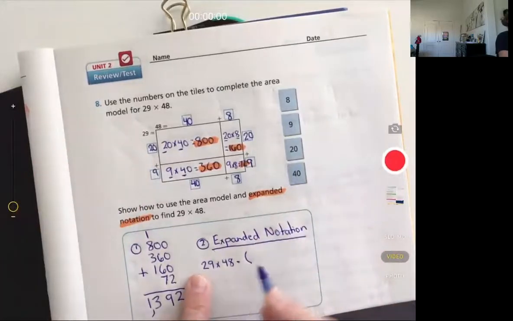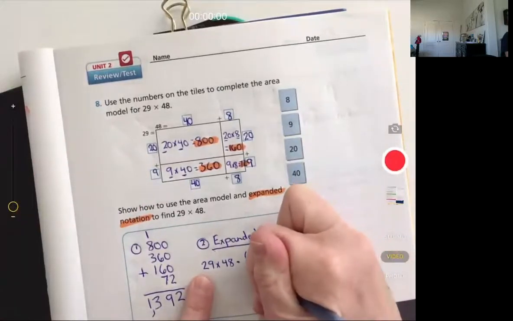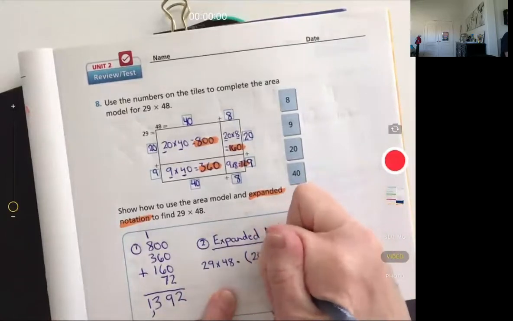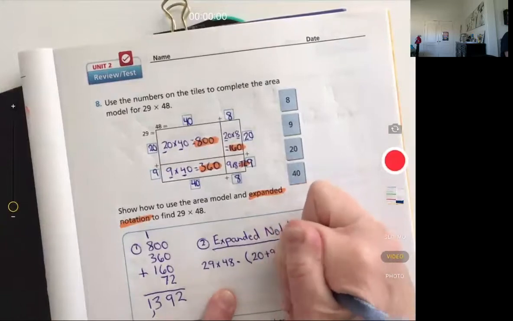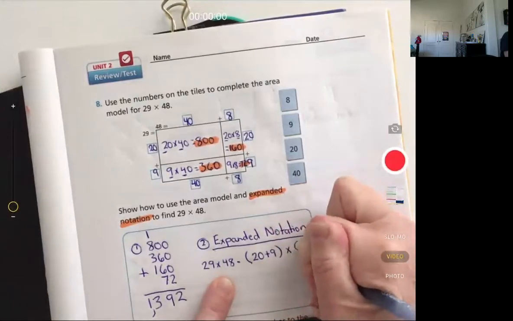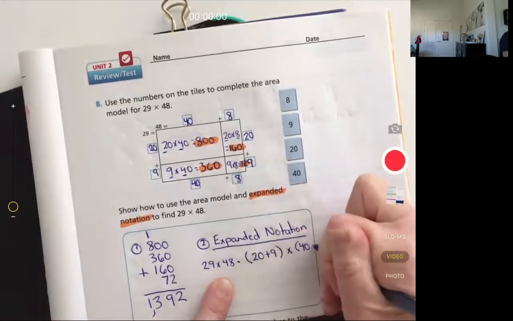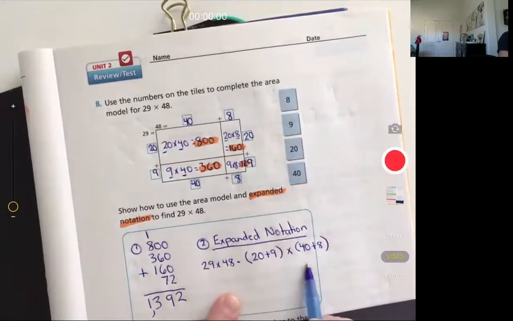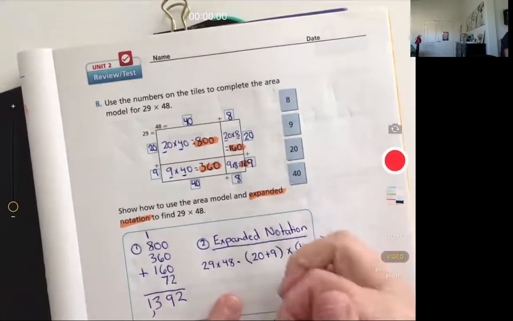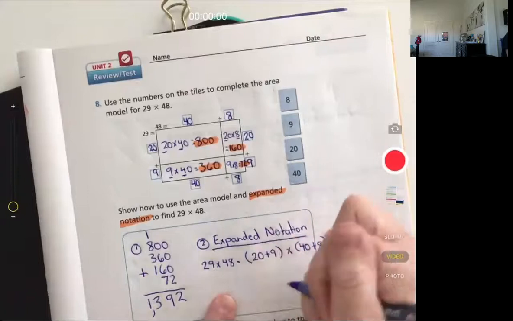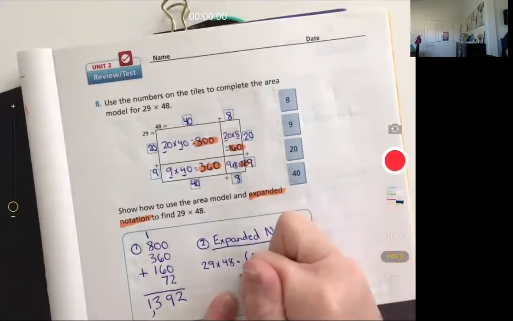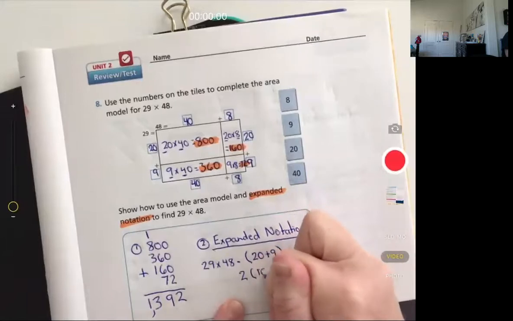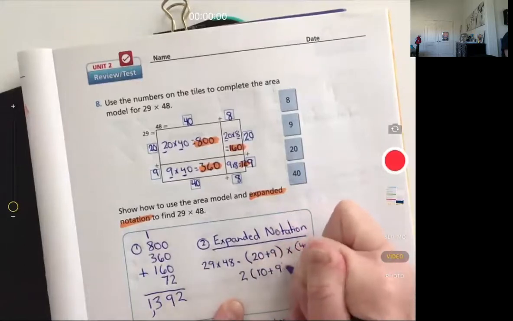That means we're going to stretch this out. So we're going to do the tens. So we can say 20 plus 9 times 40 plus 8. Okay, that's breaking that up. And then if we want to do the 2, we can do 2 times 10 plus 9.